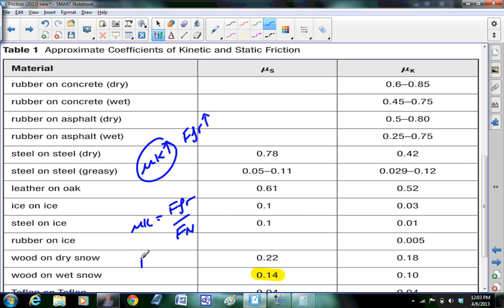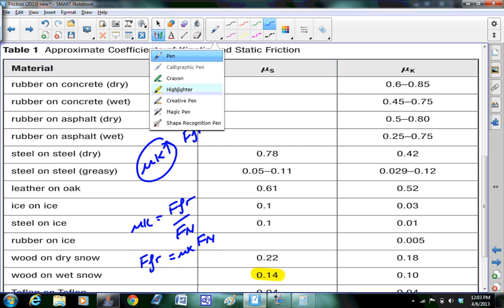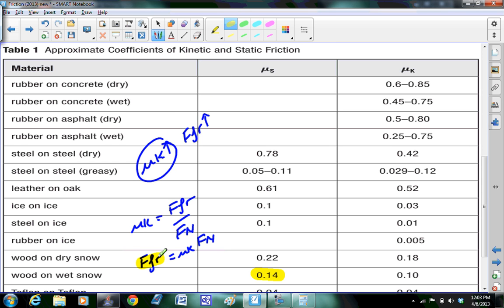So I'd have this: force of friction is equal to coefficient of friction times my force normal. And if you look carefully, there's a cool hidden code in here. Friction is fun. So F-U-N. Friction is lots of fun. It's a neat little thing.